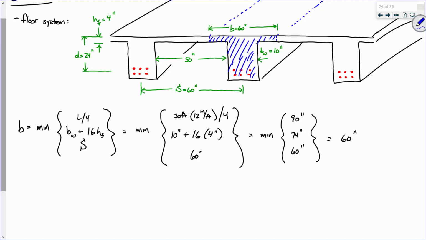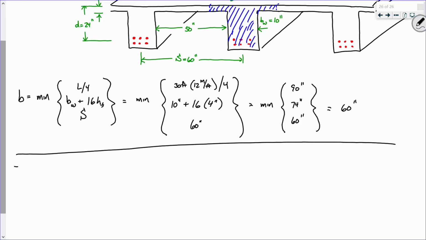Let's just keep it simple. What we're doing right now is determining the location of the neutral axis. Just so you're clear, if I write NA, that's what I mean.